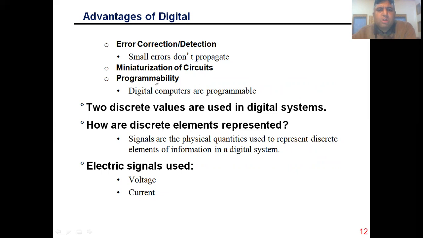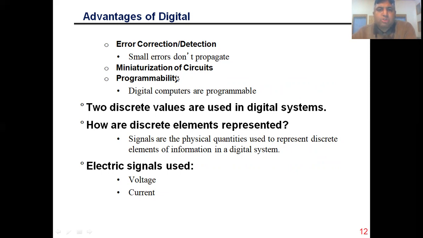Miniaturization of circuits. Because of integrated circuits, we can implement a very complex digital circuit into a very small chip. You might have seen a micro SD card, a 1 terabyte micro SD card can be a very small card which can store a huge amount of data of size 1 terabyte.